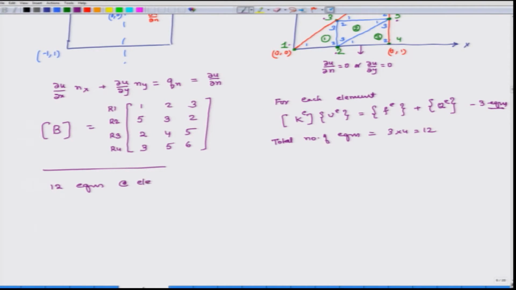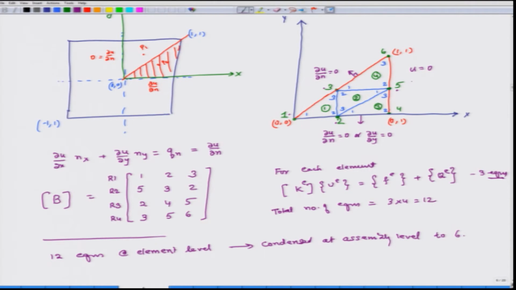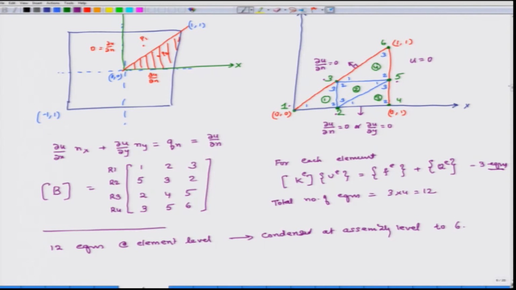These 12 equations at element level get condensed at assembly level. How many equations do we get? 6, because we have a total of 6 nodes in the global domain. Further, once we apply the boundary conditions on primary variables, these 6 assembly equations get condensed.